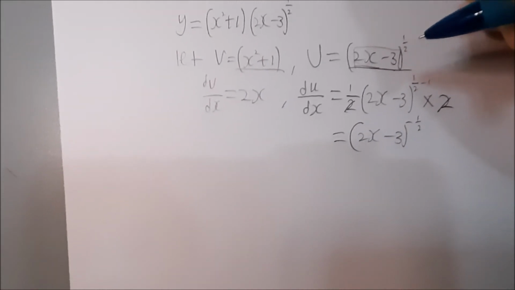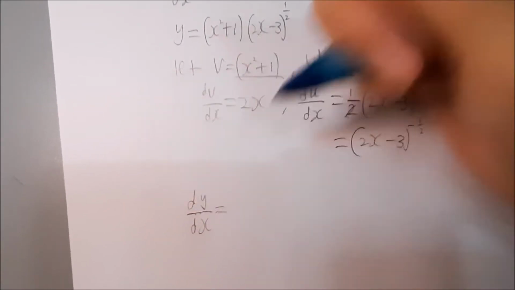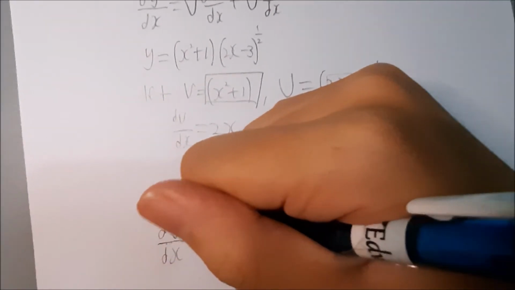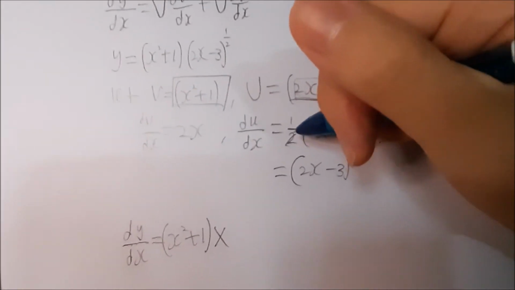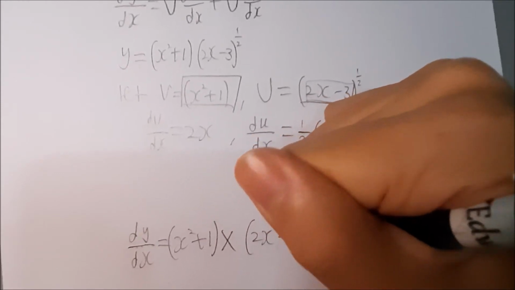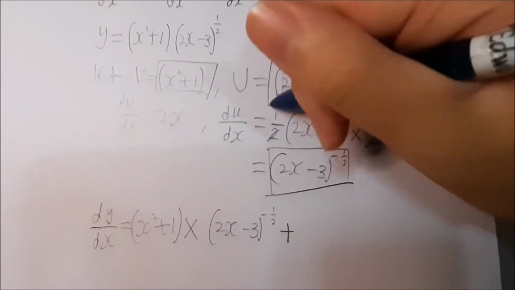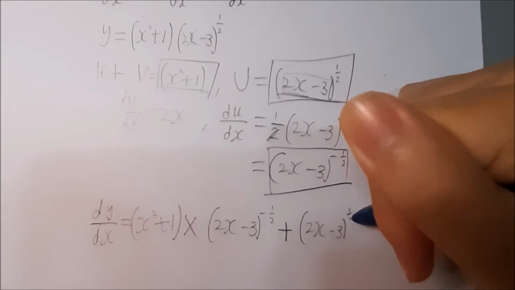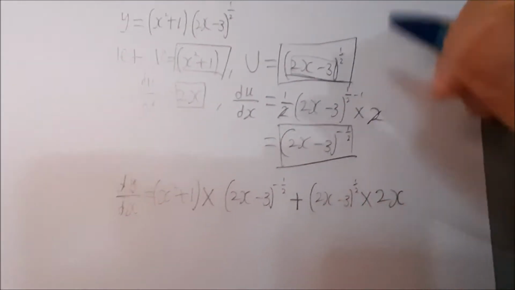And now from here, you can get your dy dx. So dy dx equals to v times du dx plus u times dv dx, which is 2x.